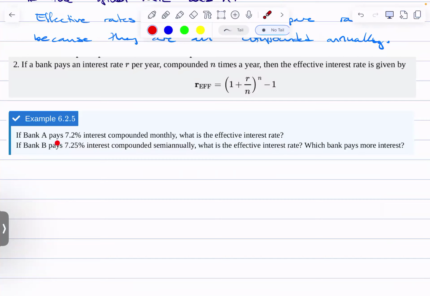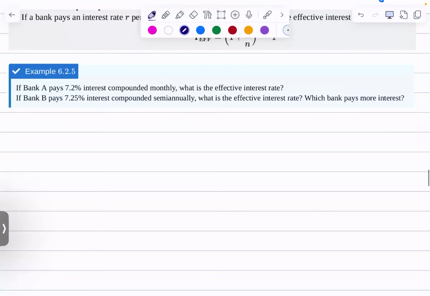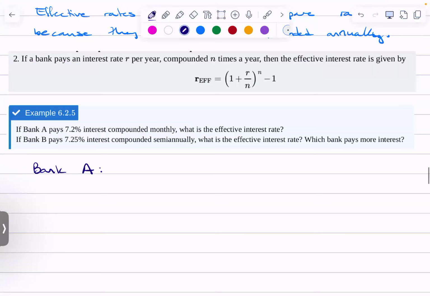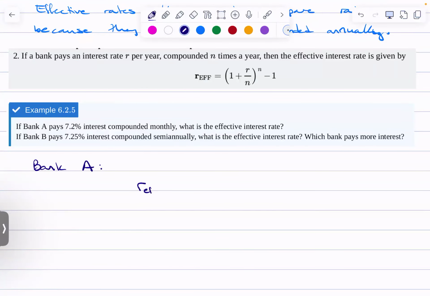If Bank A pays 7.2% interest compounded monthly, what's the effective interest rate? Let's start with that. So Bank A, we want to find R with a little EFF at the bottom there for the effective interest rate, which is 1 plus r over n to the n, minus 1.